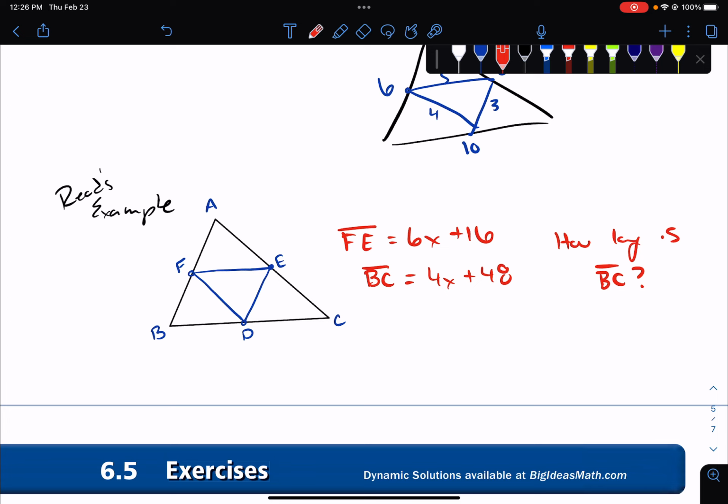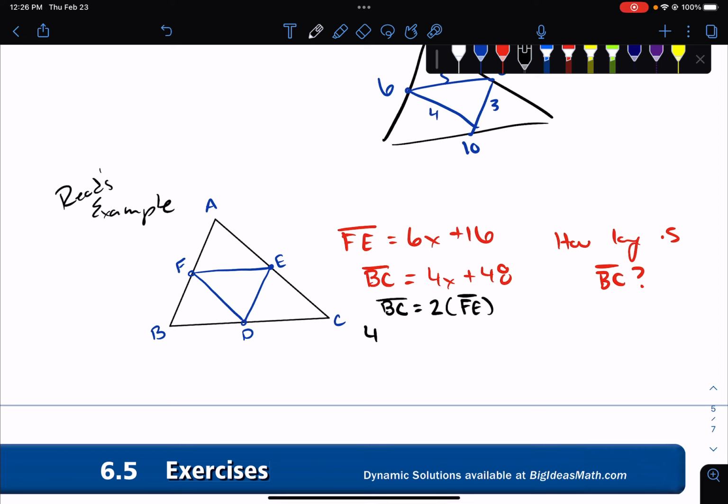So I know a couple things. I know that FE is the mid-segment for BC. So that means it's half as long as BC. So I can make an equation out of that. I can say that BC is twice as long as FE, right?